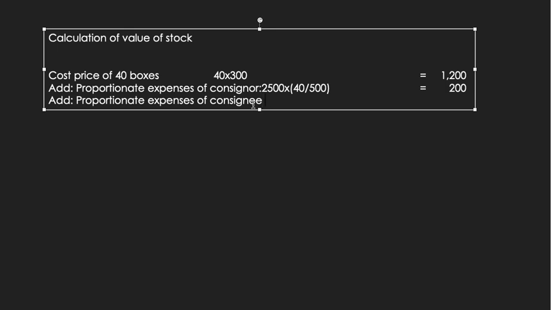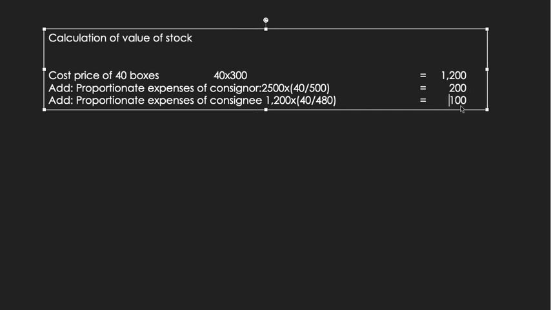So how are we going to calculate it here? He is spending 1,200, right? 40 are the remaining unsold goods divided by 480, the total stock he is receiving. Now if we simplify it, we are going to get 100 rupees.